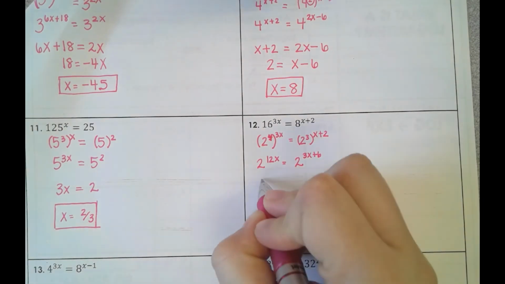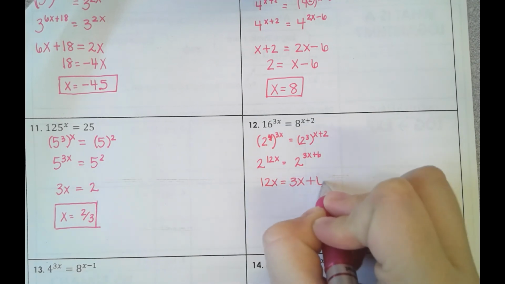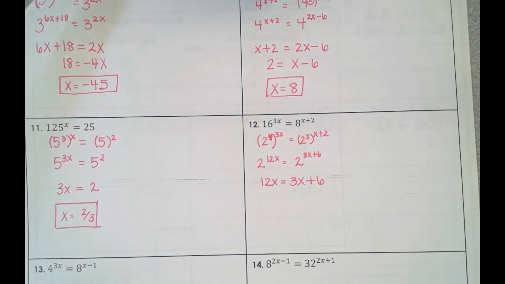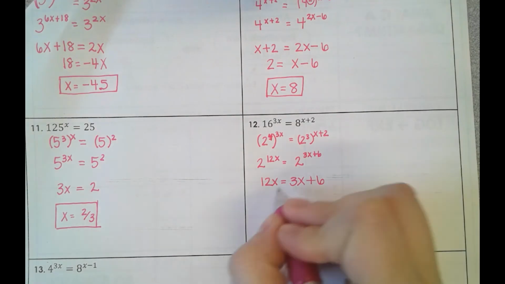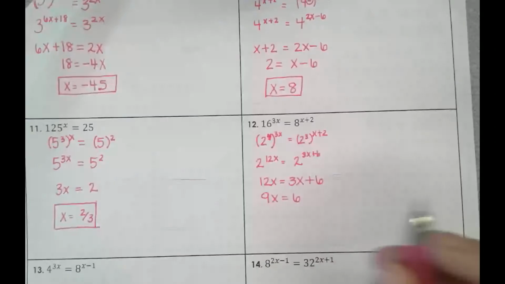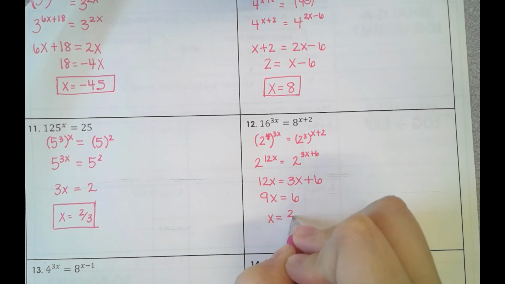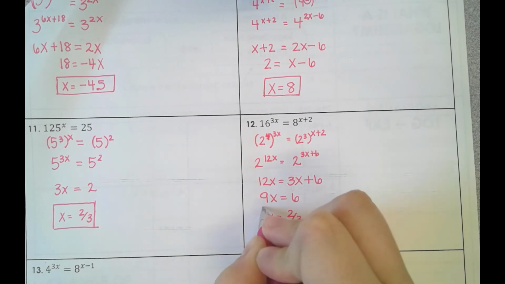And we have 12x equals 3x plus 6. This would be 9x equals 6. And then if you divide by 9, that's also 2/3.